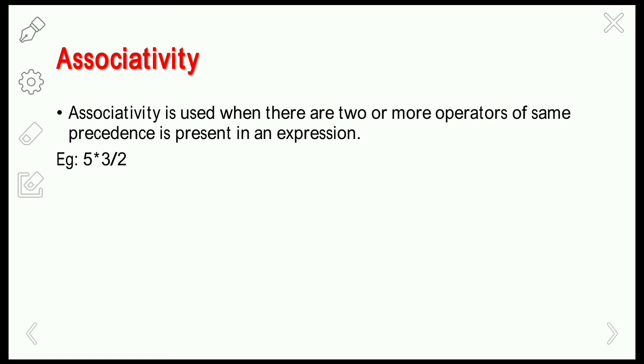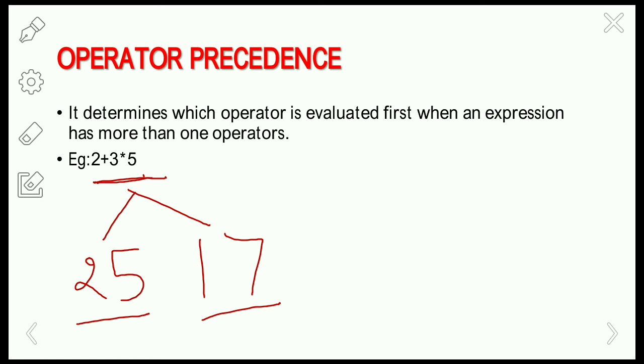Multiplication has more priority than addition and subtraction, so we have to execute the multiplication first. That is 3 into 5 is 15, plus 2, 17. This is the correct answer for the given expression if you execute it with the operator precedence table.